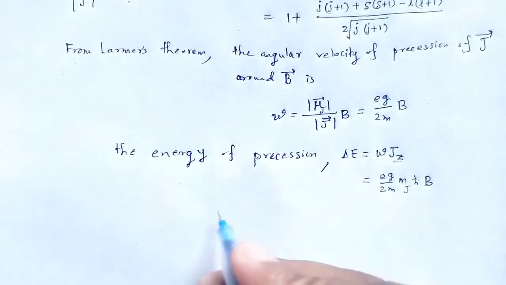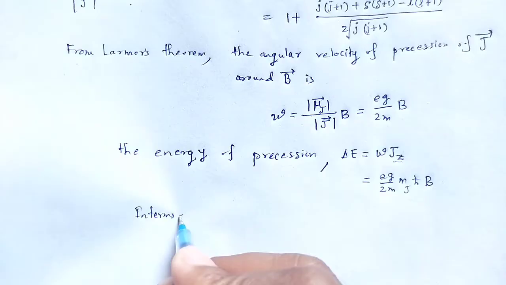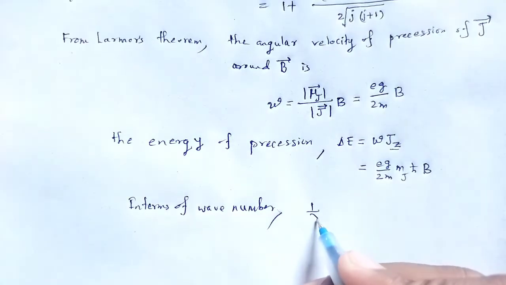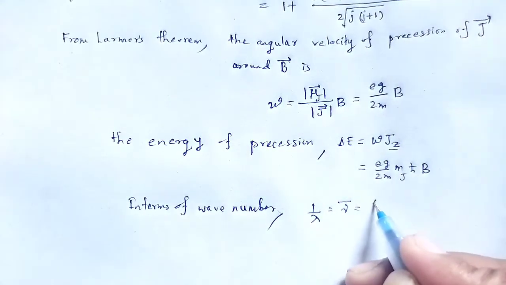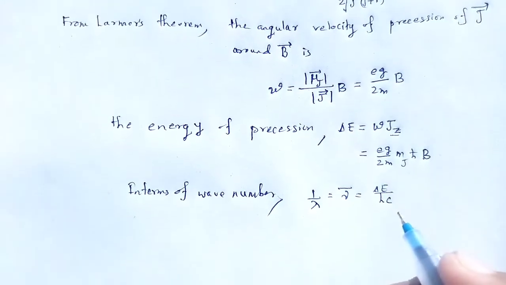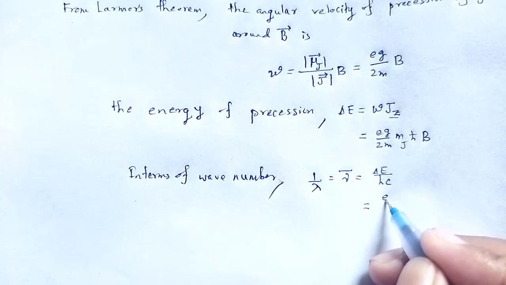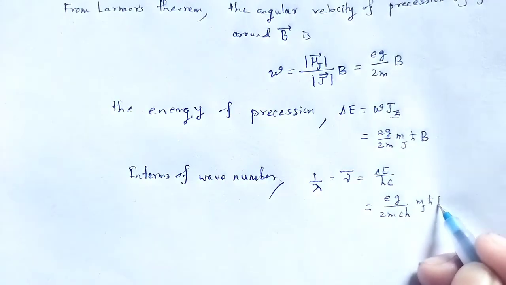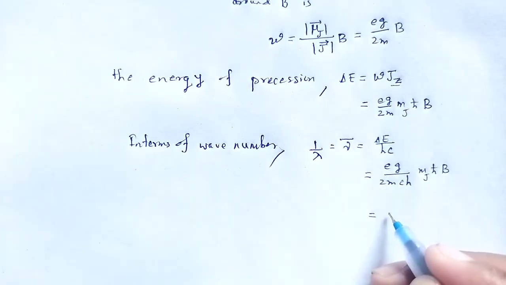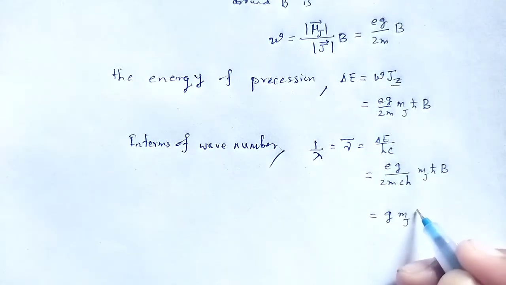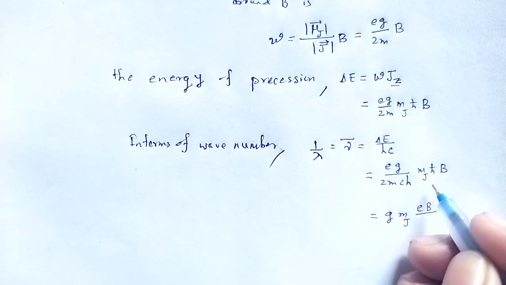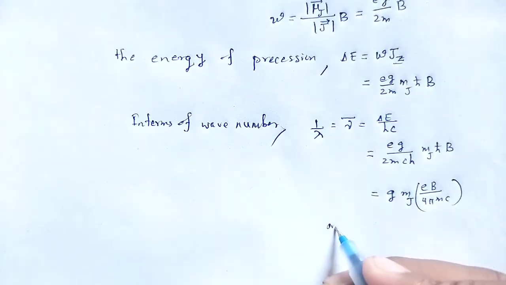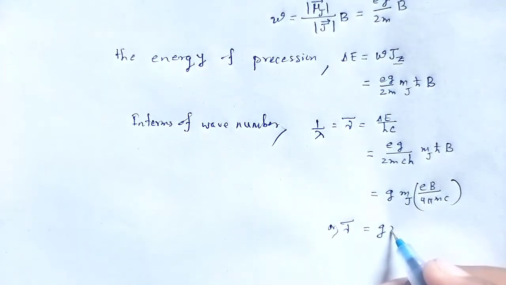And in terms of wave number, 1 by lambda equals nu bar equals delta E divided by h c. Delta E equals e g divided by 2 m c h, times m j h cross B, which gives g m j e B. In place of h cross we substitute h by 2 pi, giving e B by 4 pi m c, so nu bar is equal to g m j times L naught.